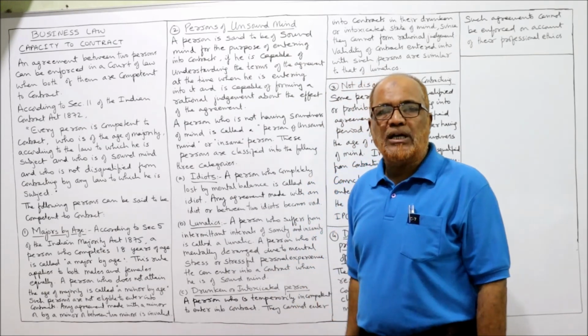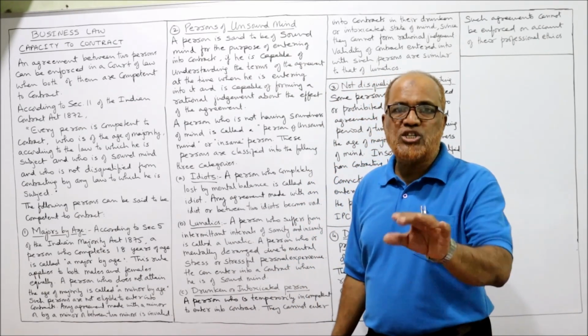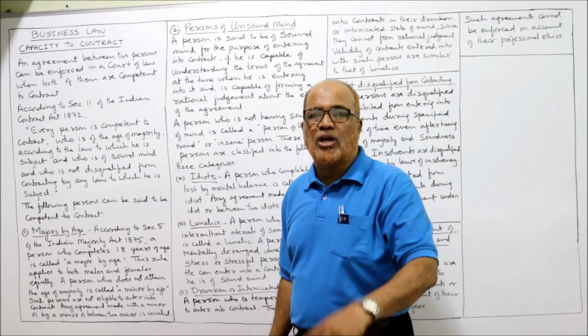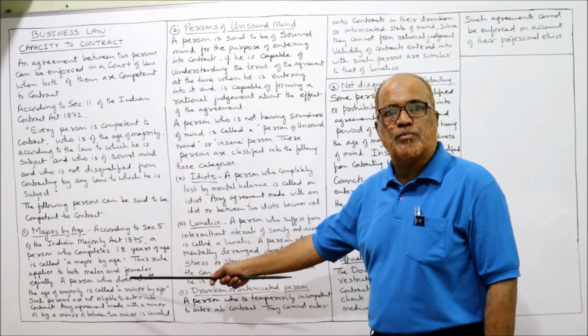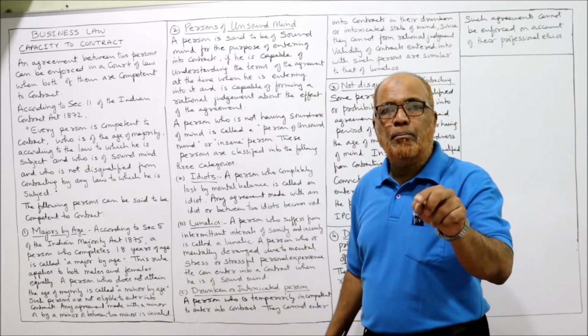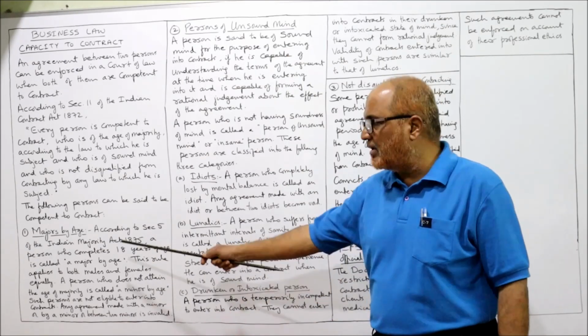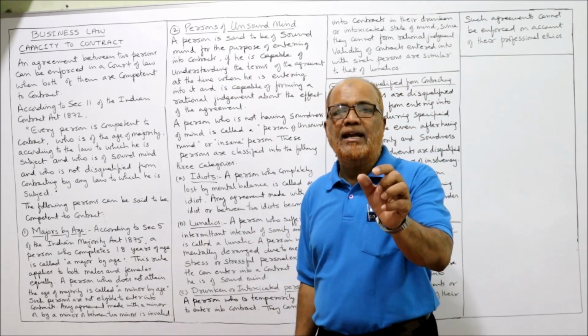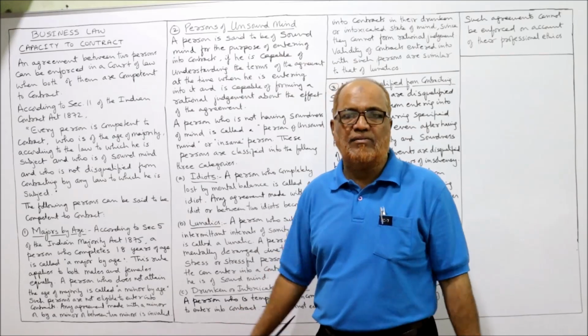First of all, majority by age. When can we say a person is major by age? I am going to explain here. According to section 5 of the Indian Majority Act 1875, in India, one act was passed called the Indian Majority Act 1875.